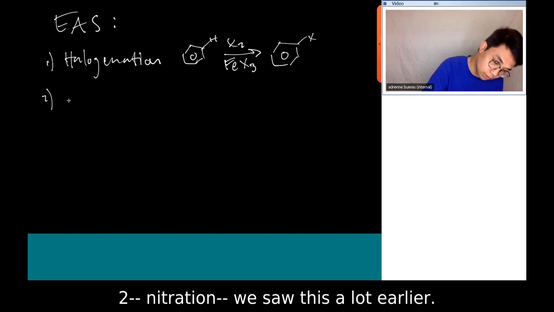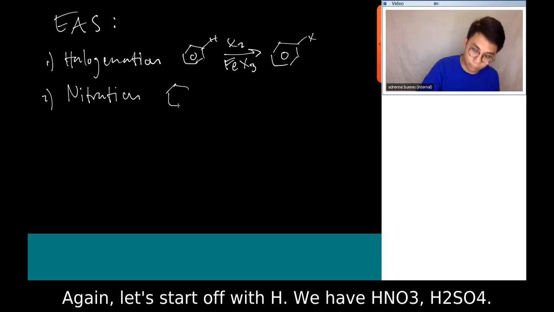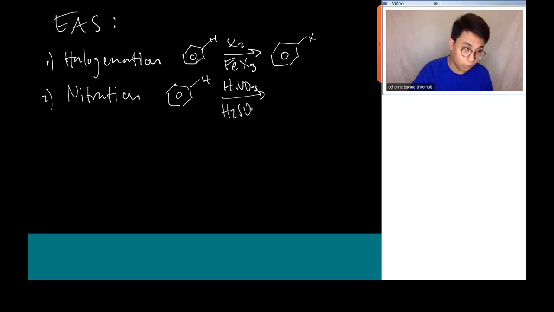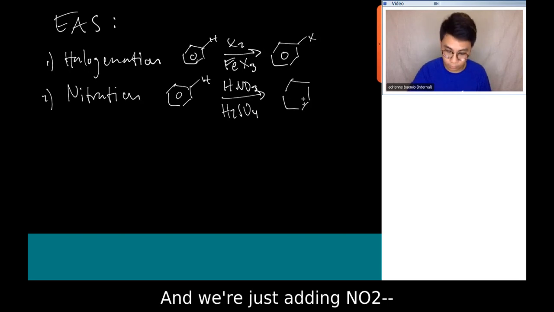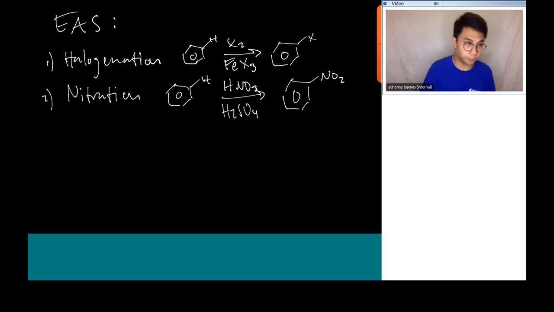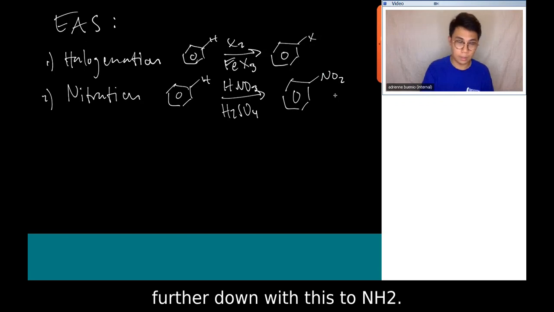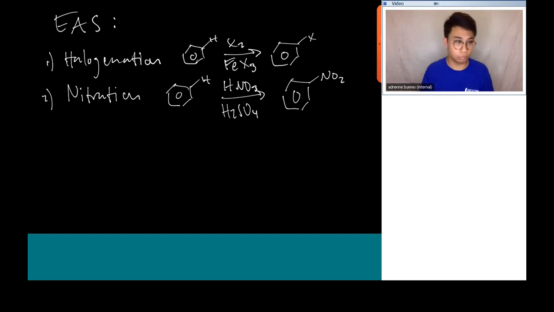Number 2, nitration. We saw this a lot earlier. Again, let's start off with H. We have HNO3, H2SO4, right? And we're just adding NO2. And you'll see later that we can even go further down to NH2.